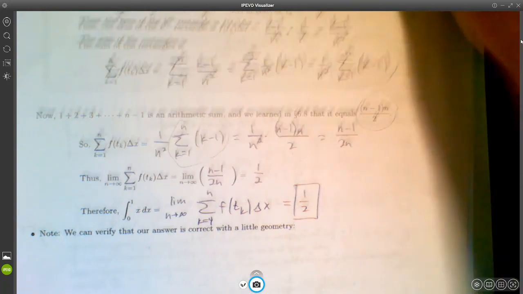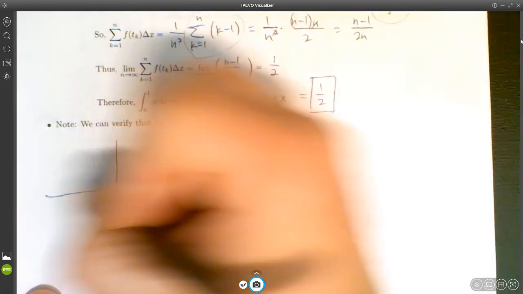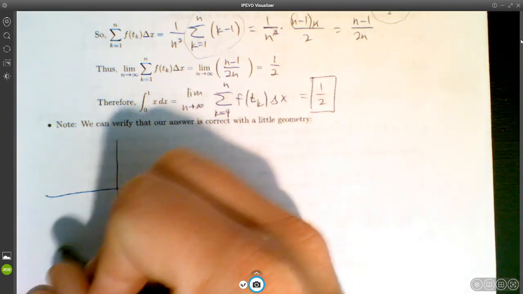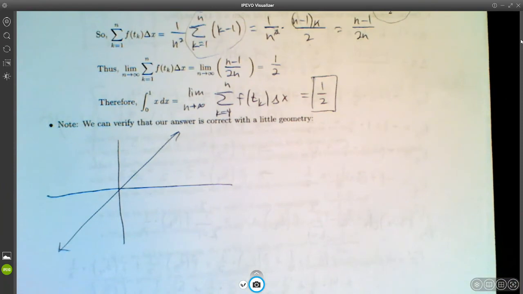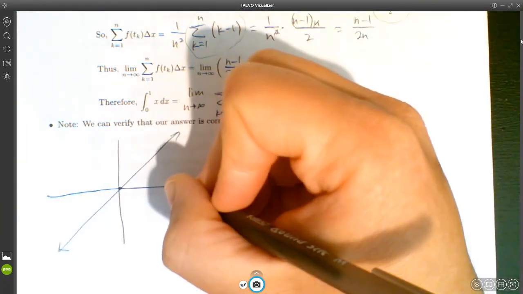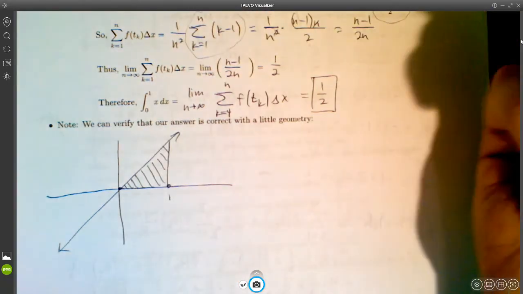We can verify that by doing just a little bit of geometry. If we look at f of x equals x, it's just this straight line right here. If we're looking at the area between 0 and 1, so if we're looking for this area right here, well, that's just the area of a triangle.